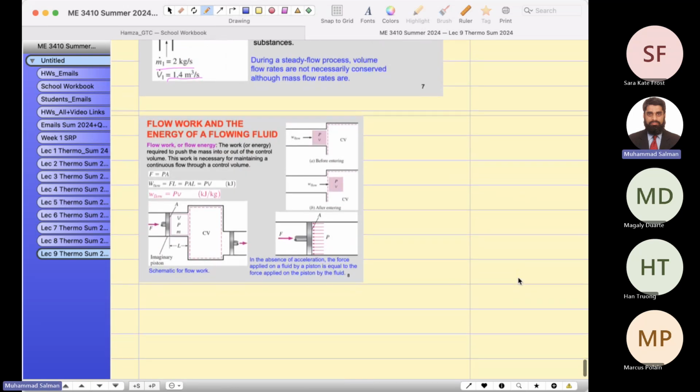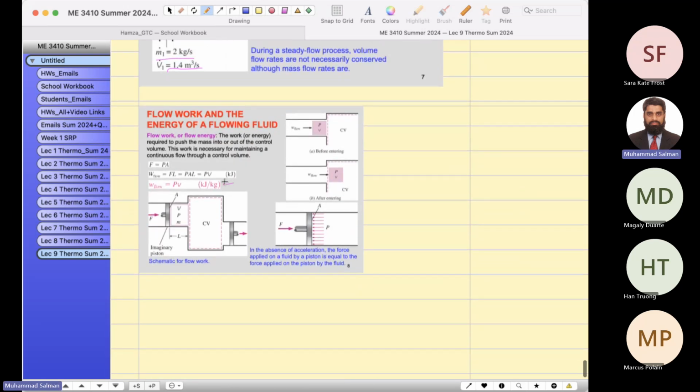This is also the flow energy, we call it the work to move the fluid. You can derive it: force equals pressure times area, and work done equals force times the distance L in moving the fluid across L, and P times V. So you get P times specific volume.